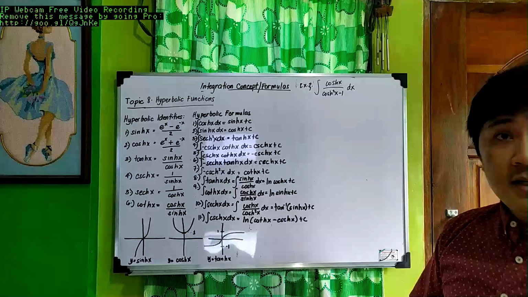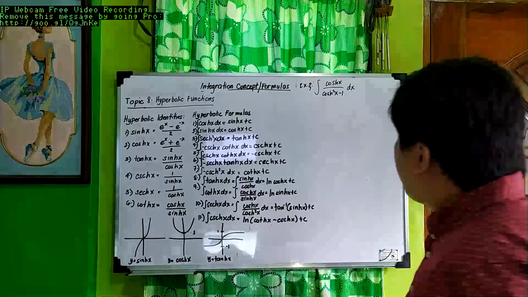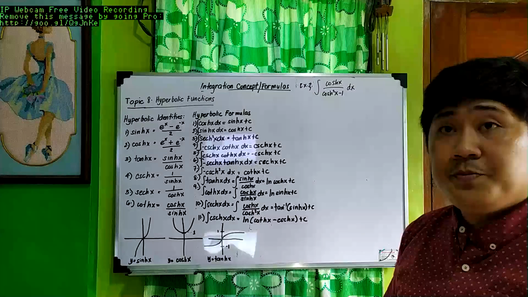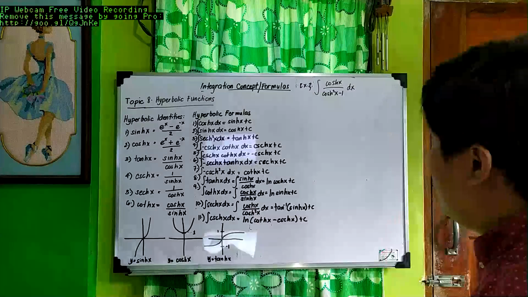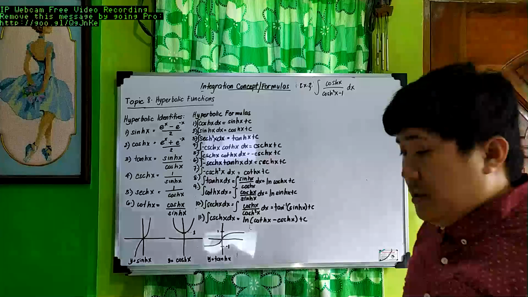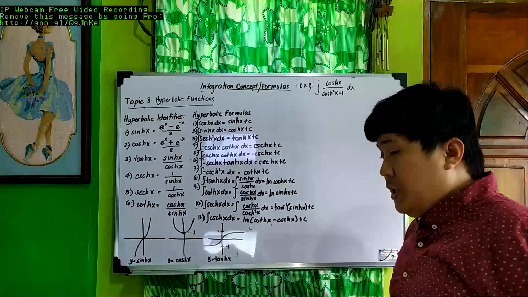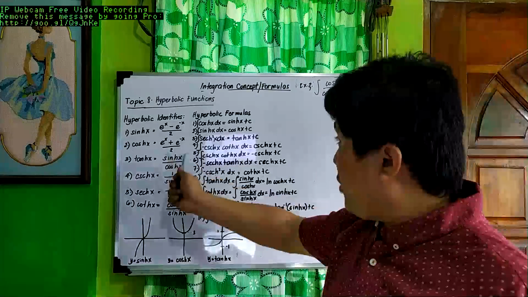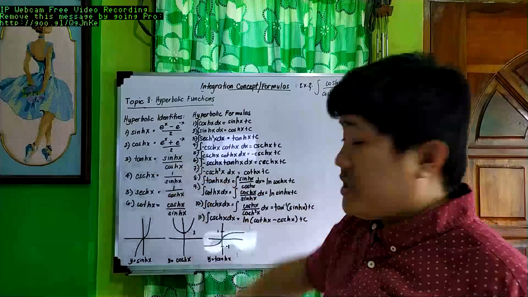Okay, so first, what do we need to do? We need to recall identities. We need to recall the identity for hyperbolic functions, other than the equivalent identity to its exponential function.